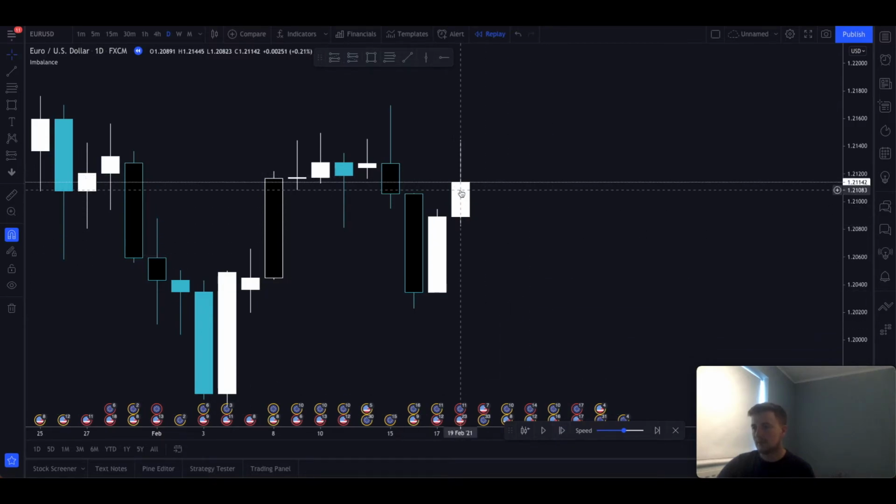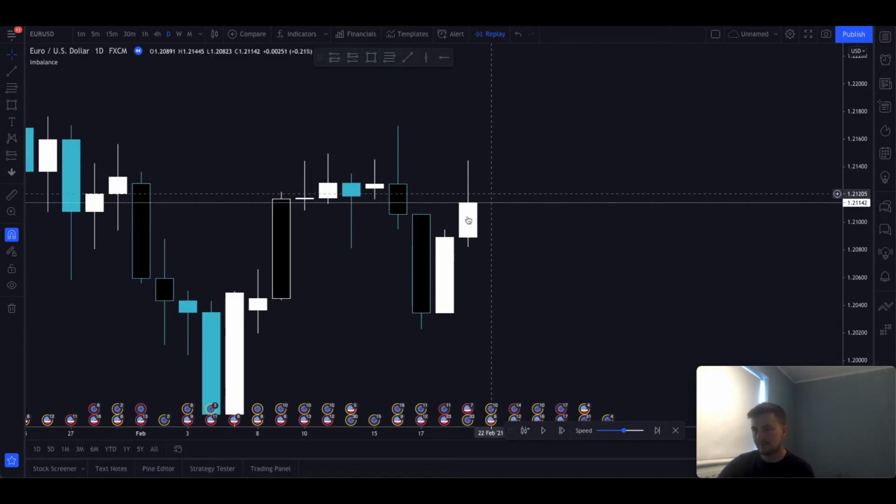Bang. Price pushed up on the day after, but the next day hasn't even begun yet. So as the next day starts, we know that price needs to retrace back down to this height to fill in the imbalance. Okay? It's just an extra tip for you guys.